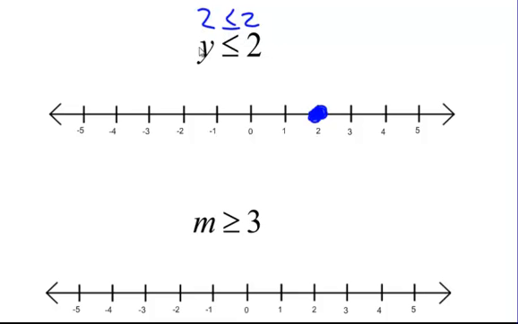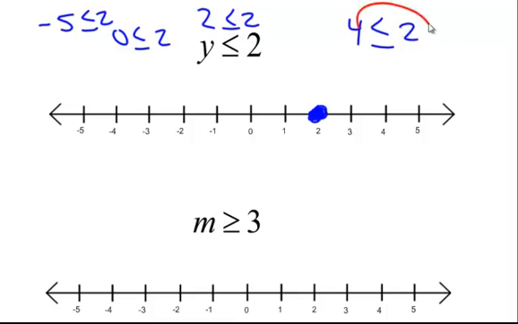We have to represent everything that y could be. Y could be 0, because 0 is less than or equal to 2. Y could be negative 5. What couldn't y be? Well, y couldn't be 4, because 4 is not less than or equal to 2. So 4 could not be it, because 4 is all the way over here.